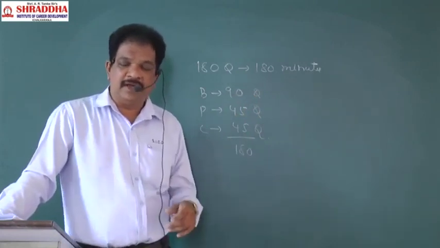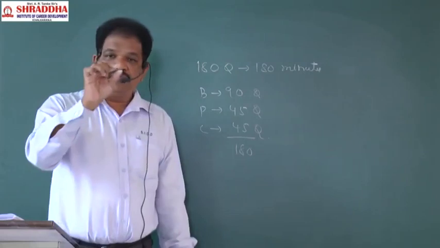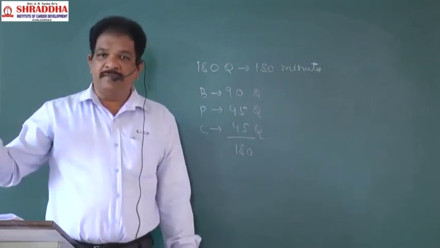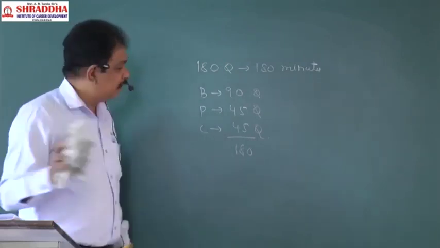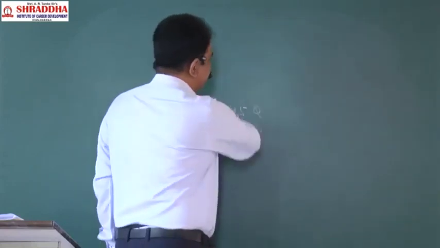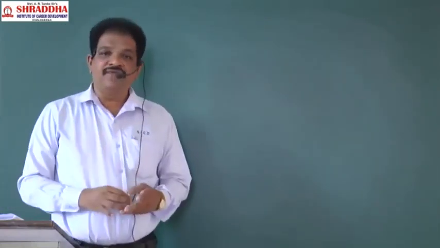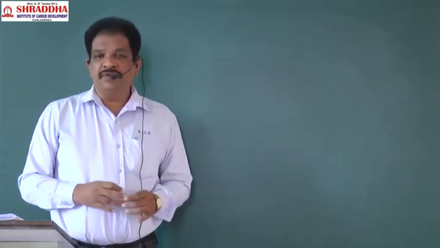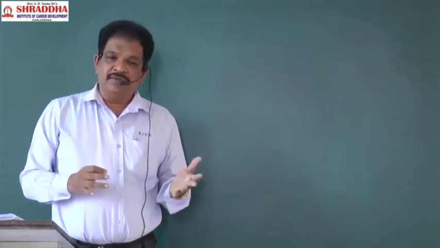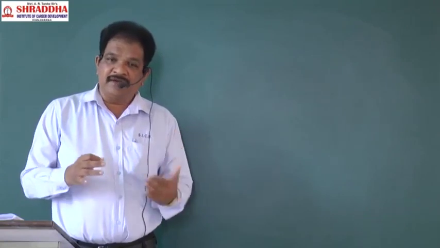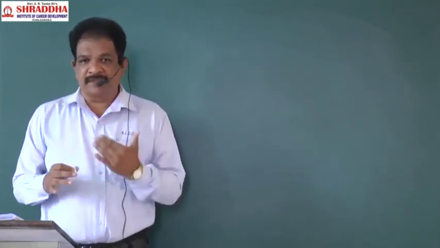Spontaneously you have to write. Otherwise, if you are increasing the number of steps, it is a time wasting process. You can't succeed in the competitive examination. You have to be fast, so try to minimize the steps.